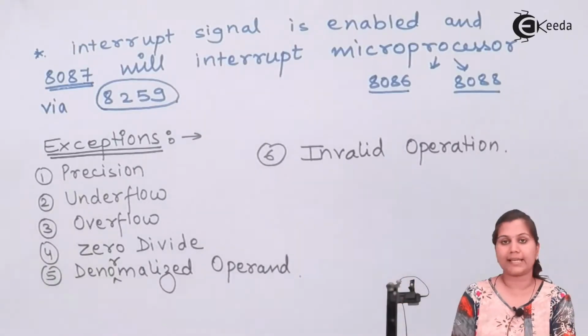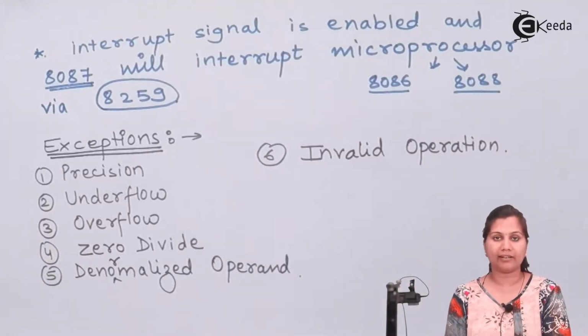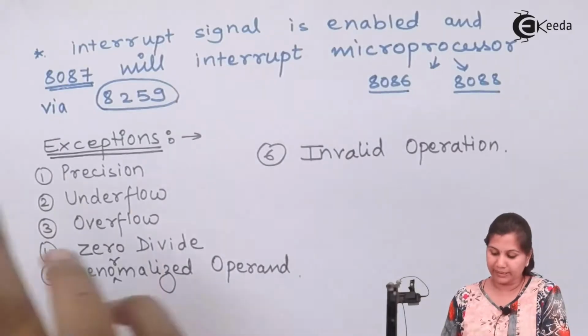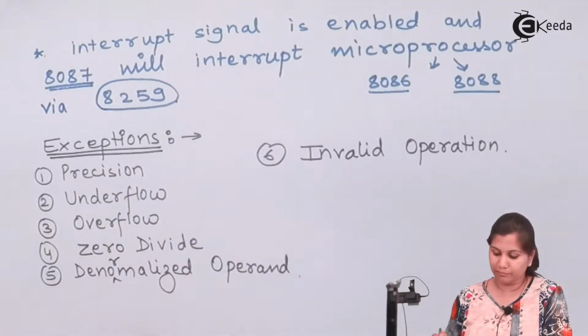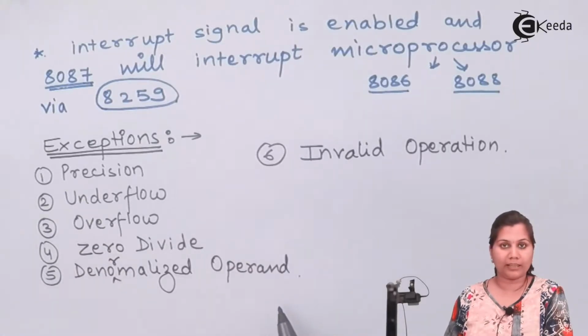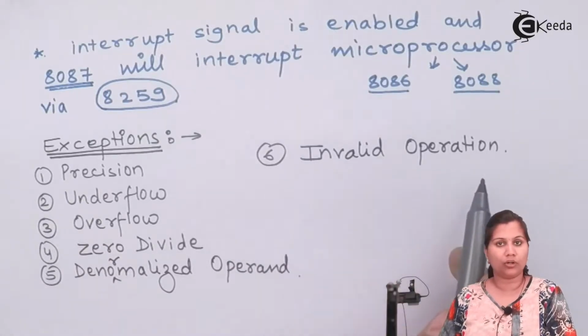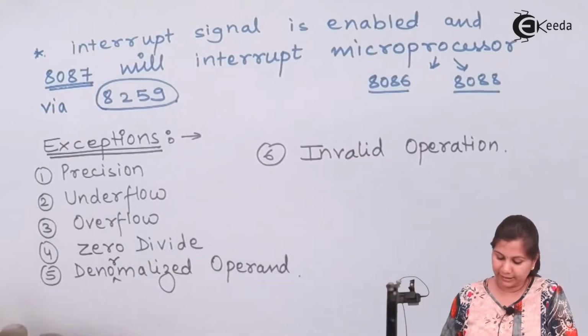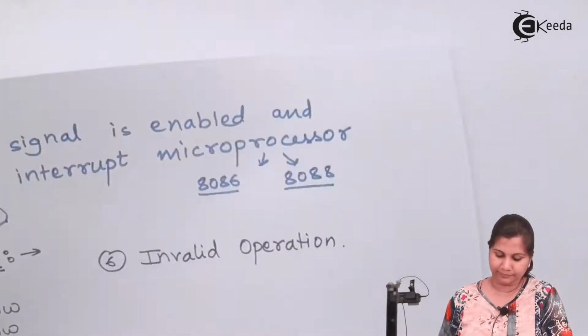So there are six exception flags present in the 8087: precision, underflow, overflow, zero divide, denormalized operand, and invalid operation. Let us study them in detail.